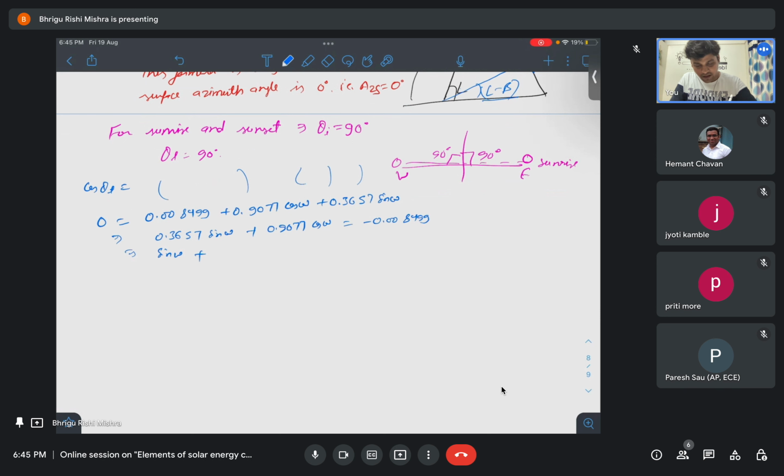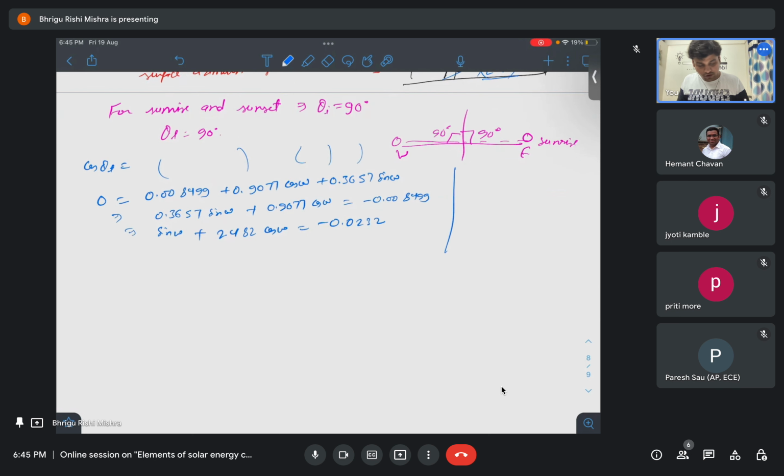Dividing by 0.3657, the coefficient of sin omega, we get sin omega plus 2.482 cos omega equals minus 0.0232.